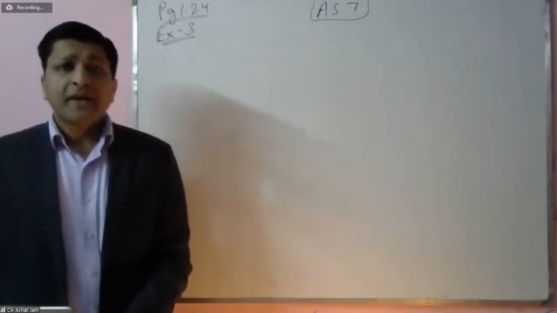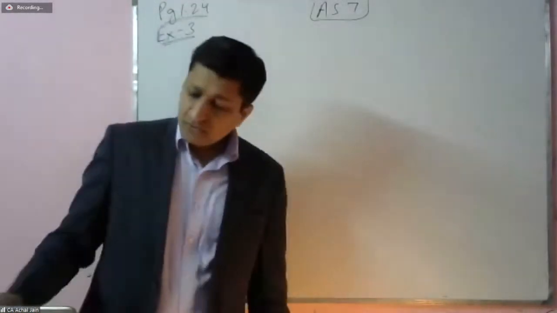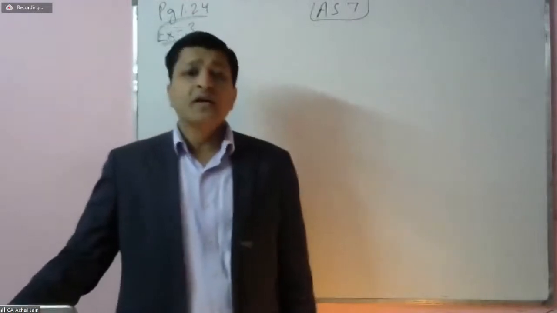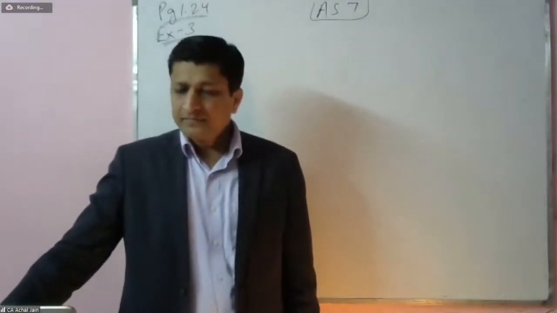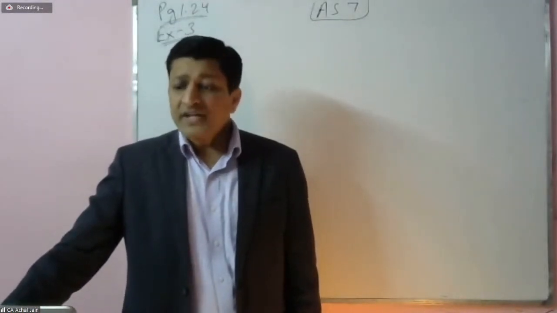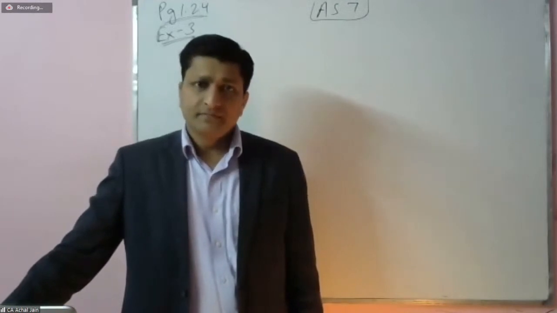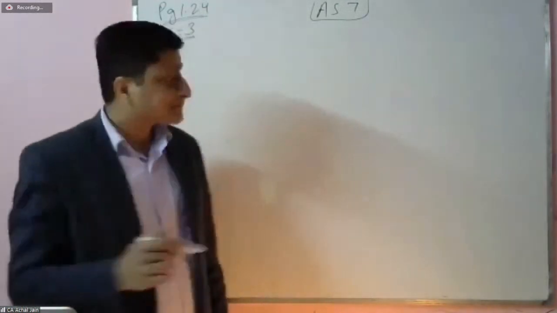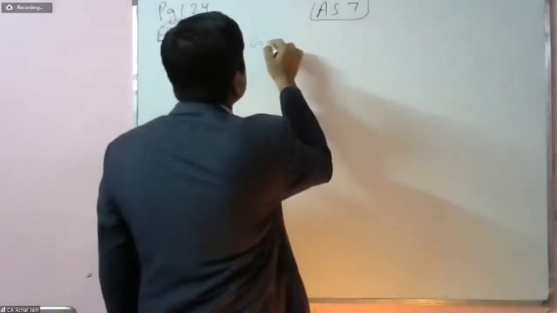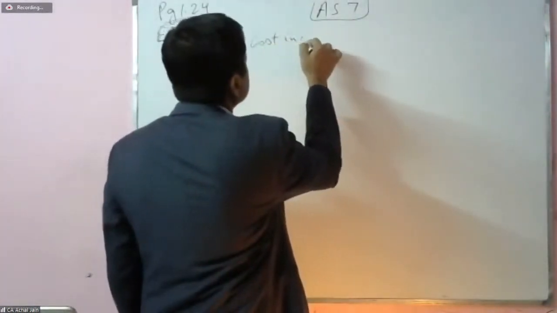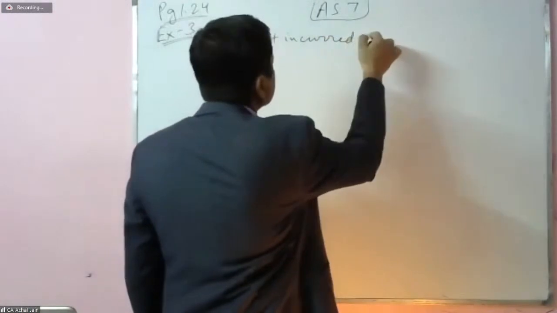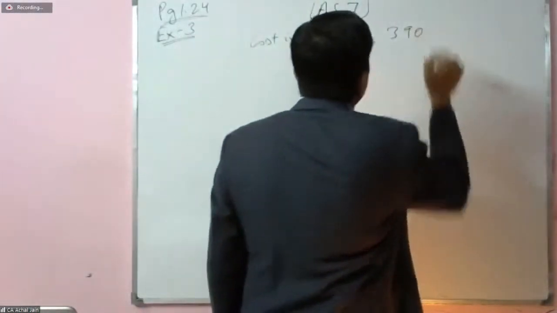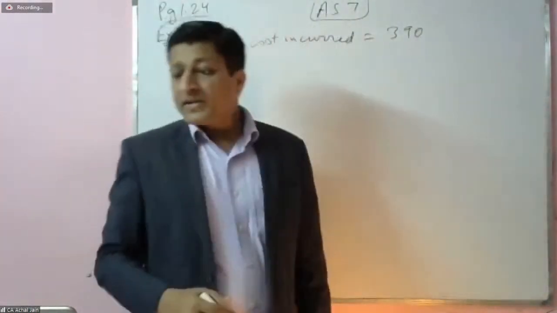So the total contract revenue is 600. Cost incurred to date, meaning till date, is 390.